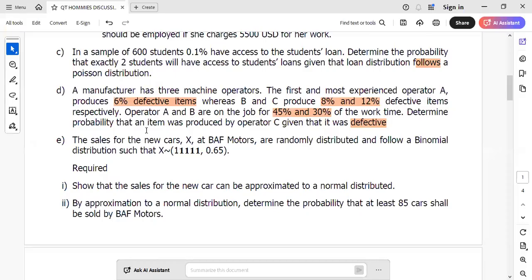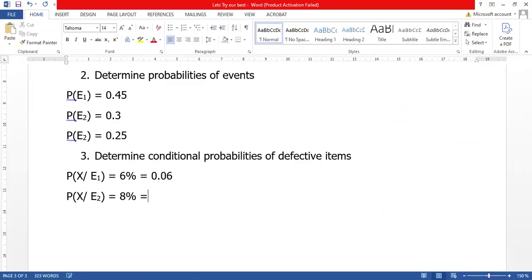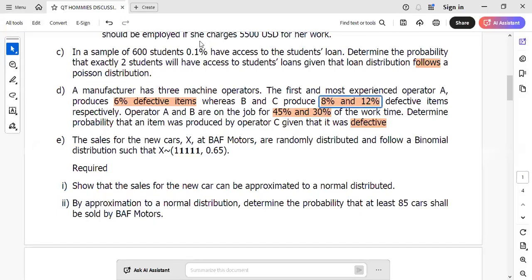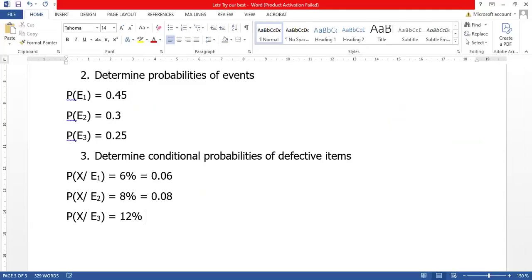The percentage is 8%, which is 0.08. Next, for operator C, it was given as 12%, and this is 0.12. Colleagues, are you following?